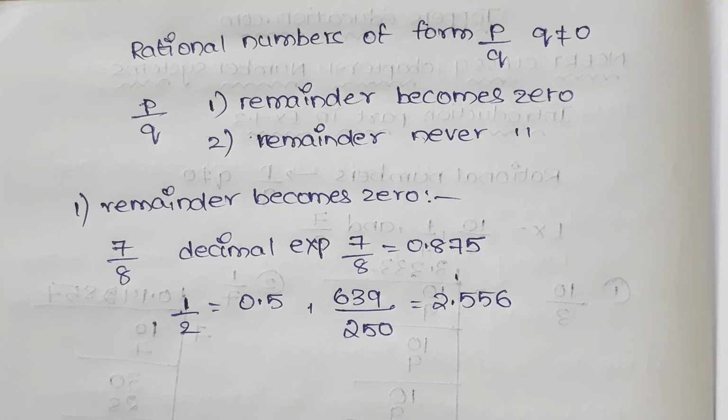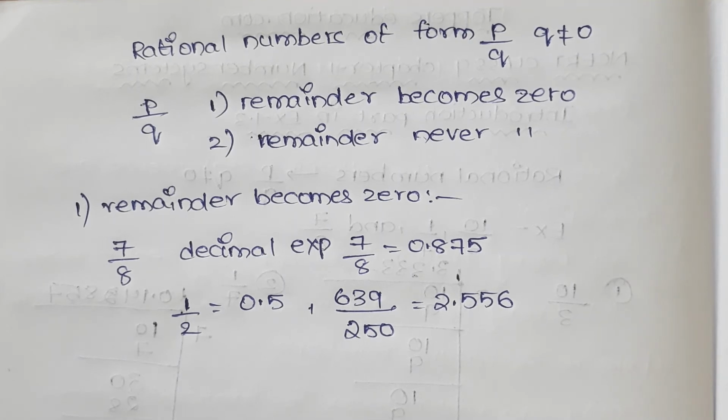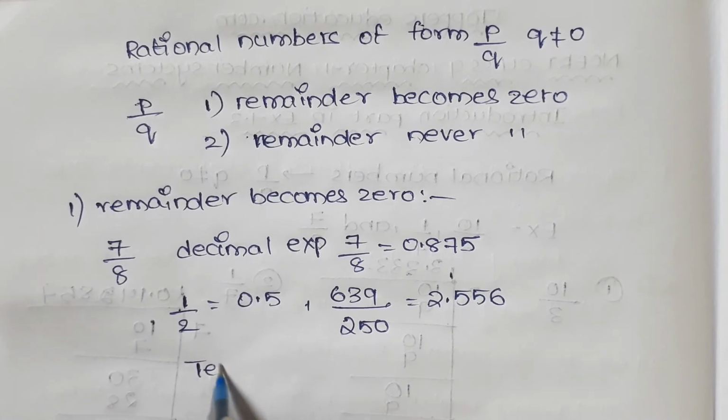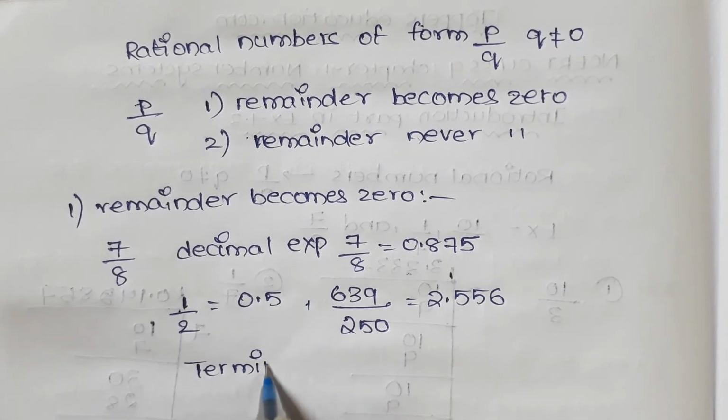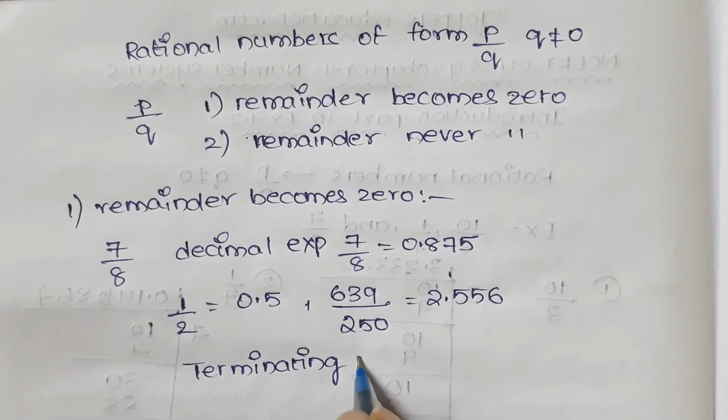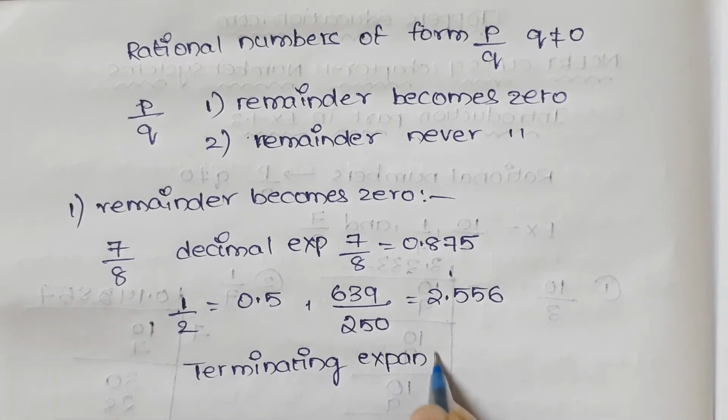In all these cases, the decimal expansion terminates. Terminates is nothing but ends at a certain number of steps. This process can be called a terminating expansion.